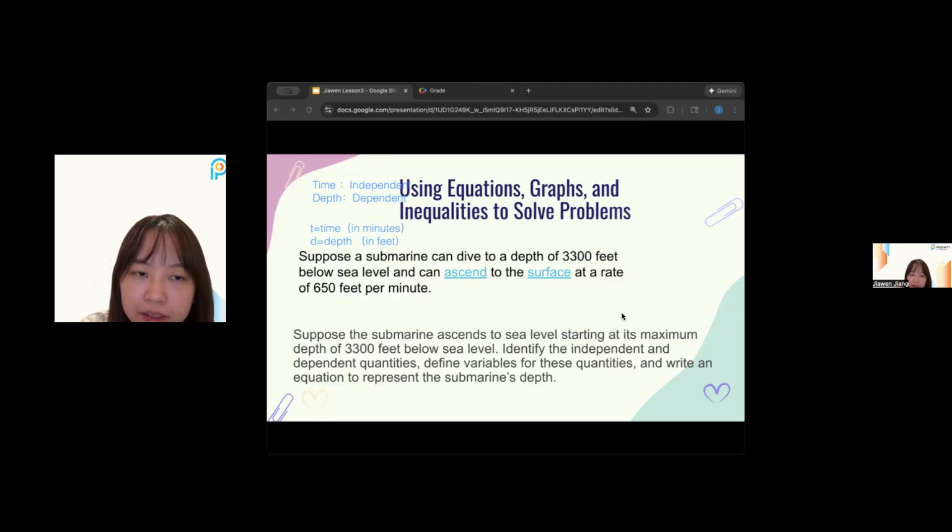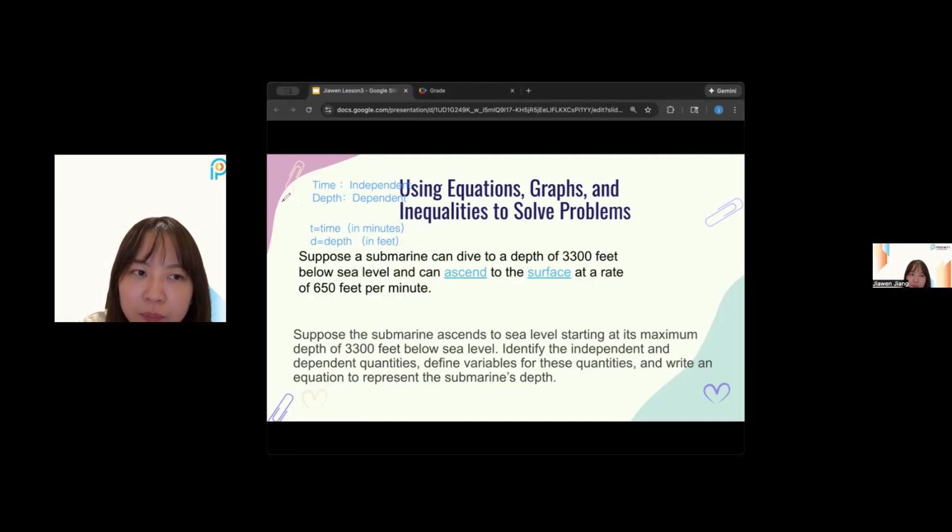Can anyone tell me at time zero, where is the submarine? It's 3,300 feet below sea level. Is that positive or negative? Why is it not positive?